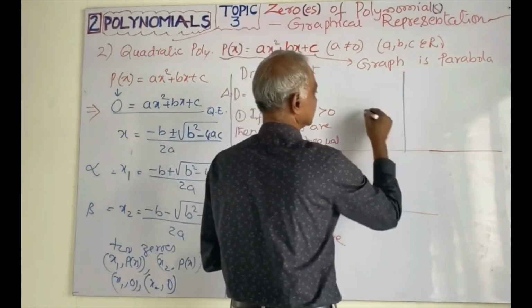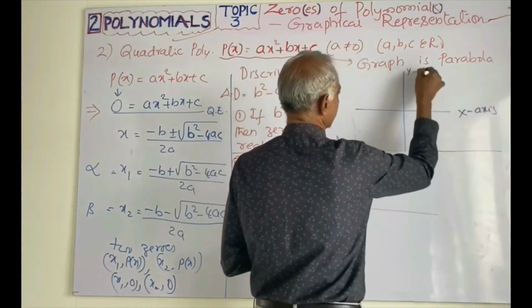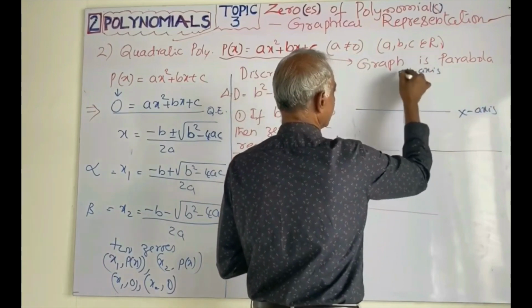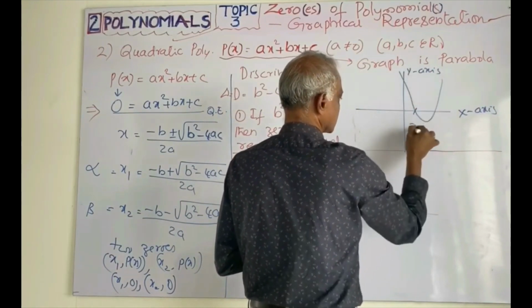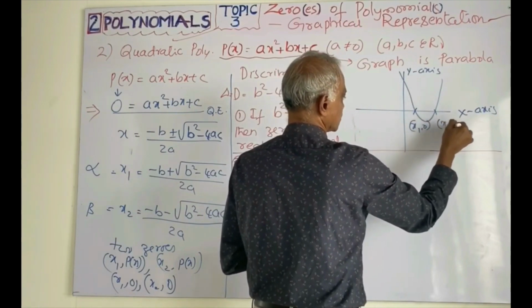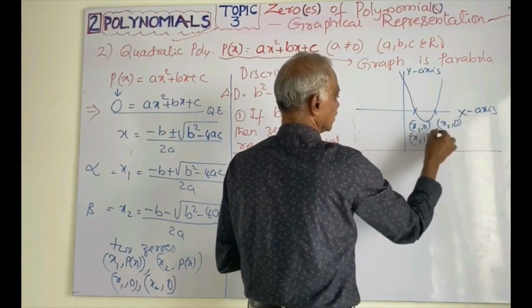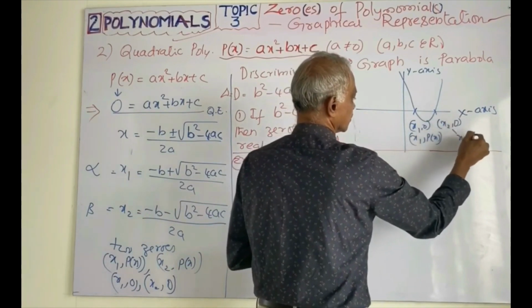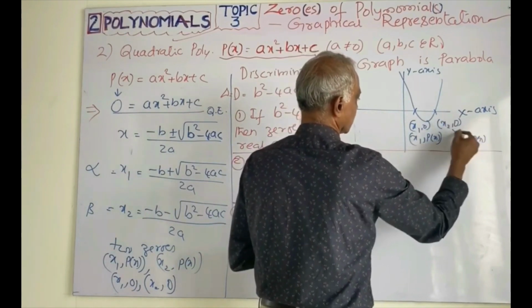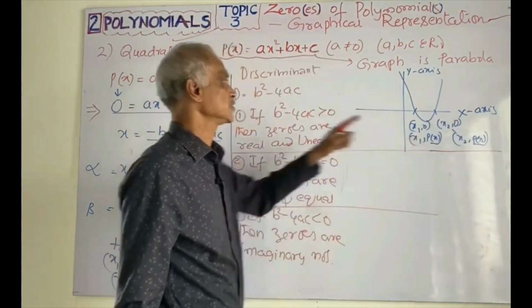See, this is the x-axis and this is the y-axis. The graph will be like this, touching the x-axis at x1, 0 and x2, 0. Always p of x will be 0 because this is a zero polynomial.